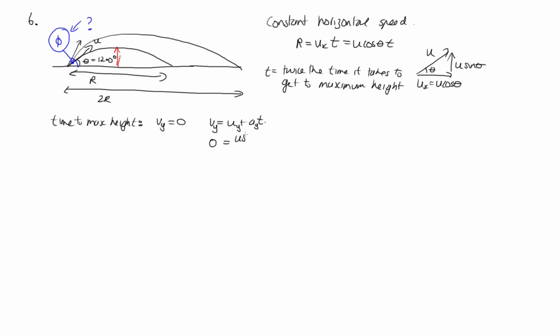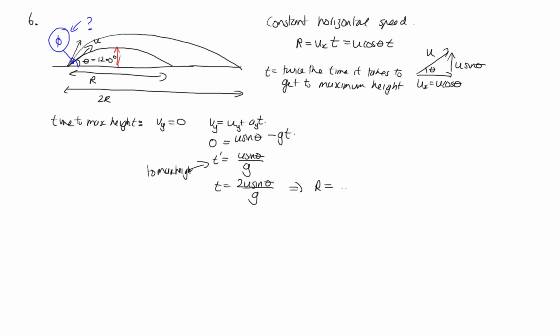So 0 = u sine theta minus gt, and so rearranging, t is equal to u sine theta over g, and this is the time to max height. So maybe we'll just call it t dash, because it's different to this t up here, which is the time of flight. So the time of flight t is equal to 2u sine theta on g, because it's double this.